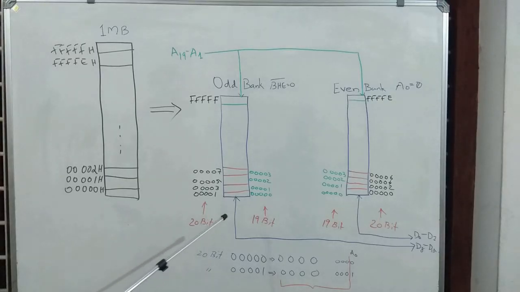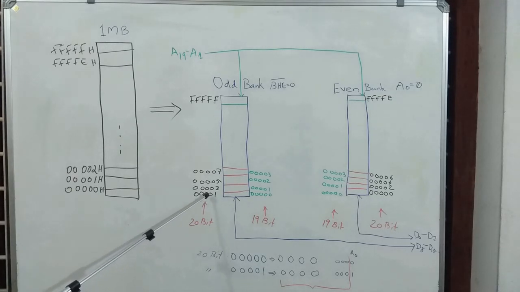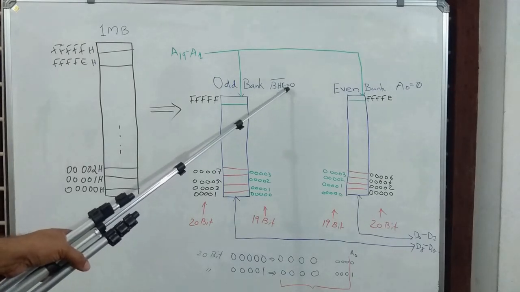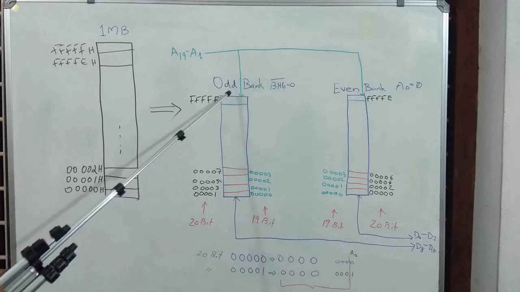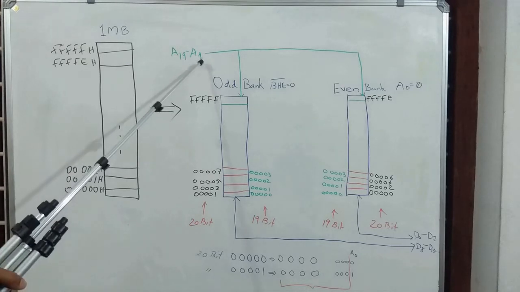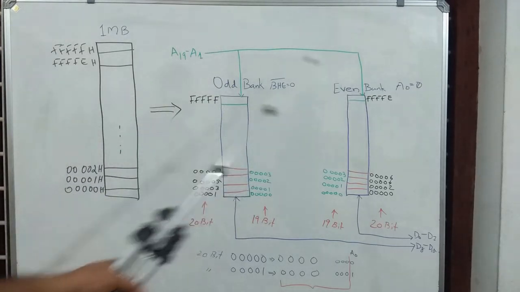So when the microprocessor wants to read a byte from the odd address memory location or an odd address IO device, it will put the 20-bit address on the address lines and generate BHE bar equal to 0. When BHE bar equal to 0, this odd bank will be activated, and using the address bits A1 to A19, see A1 to A19 is connected to odd bank and even bank.